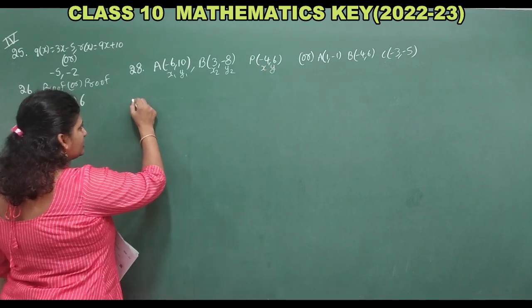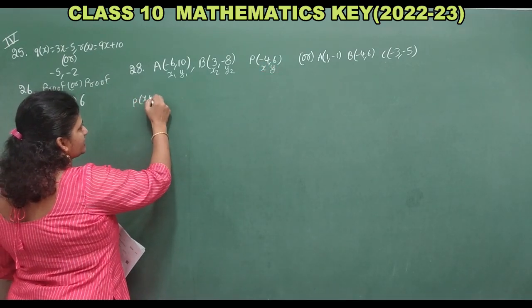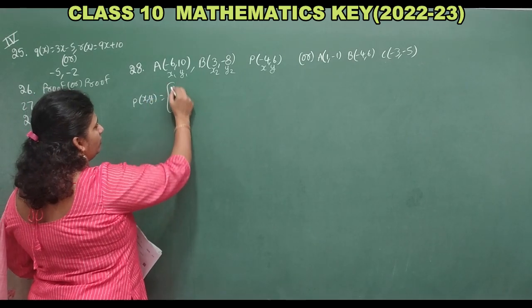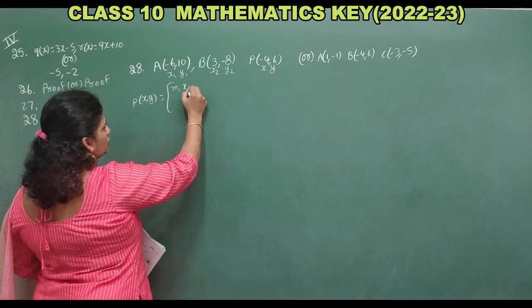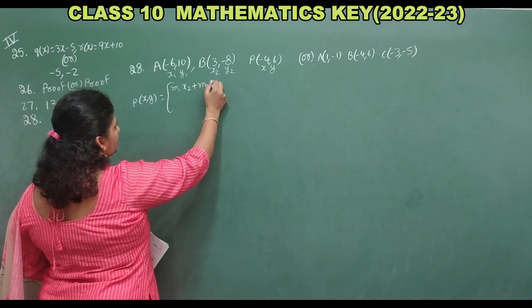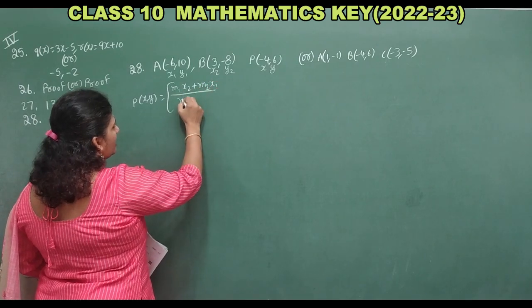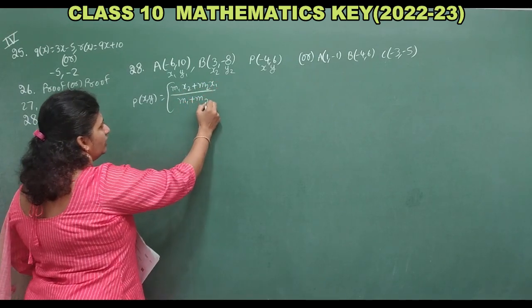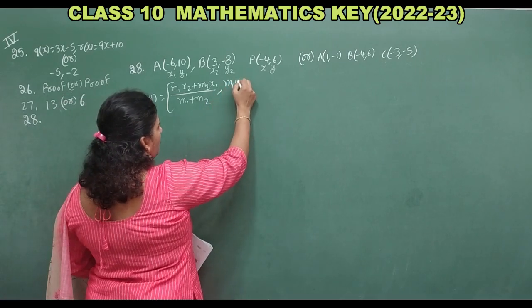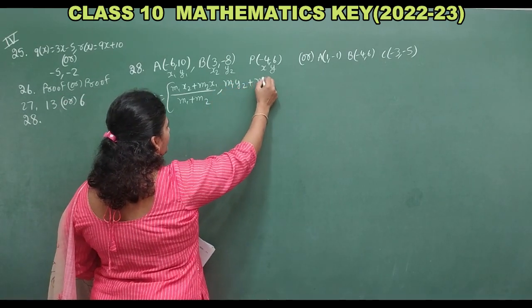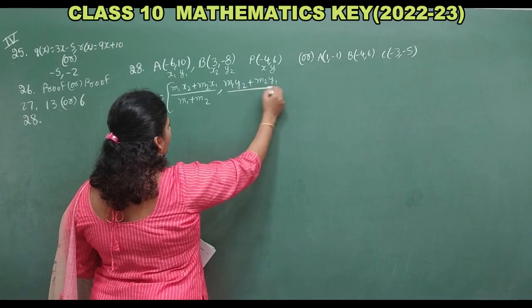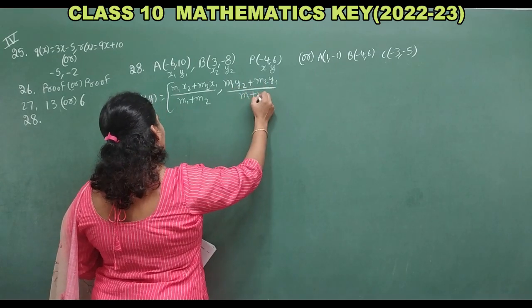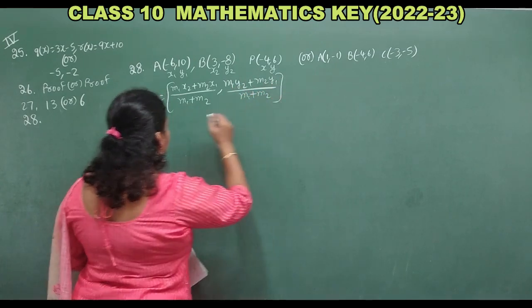Write the section formula. P of x, y is equal to (m1 x2 plus m2 x1) by (m1 plus m2), comma (m1 y2 plus m2 y1) by (m1 plus m2).